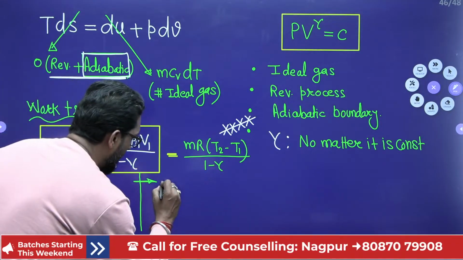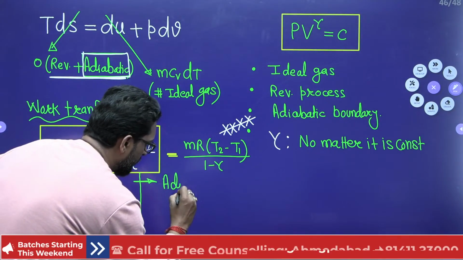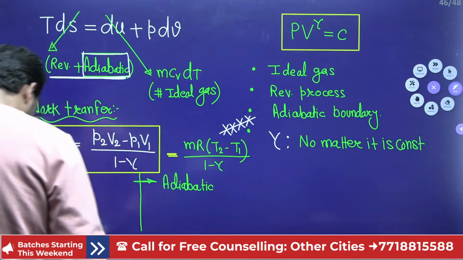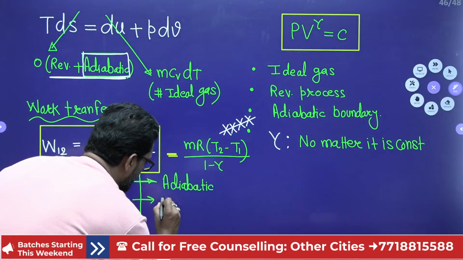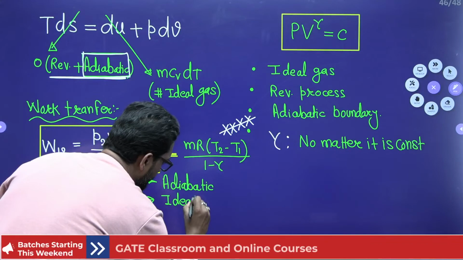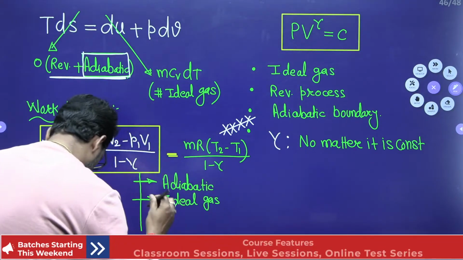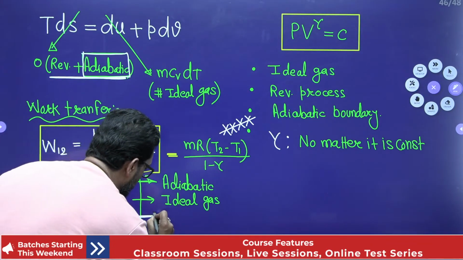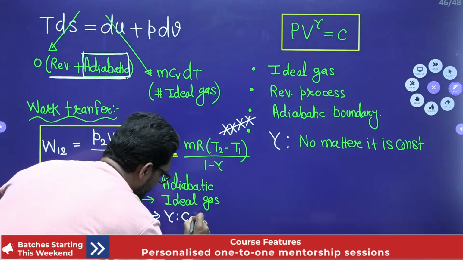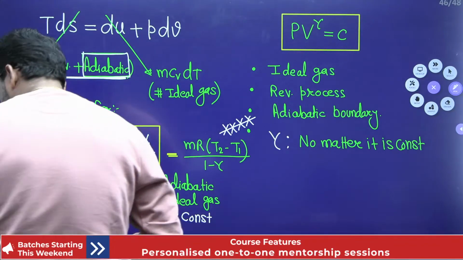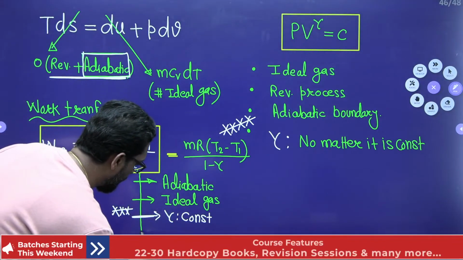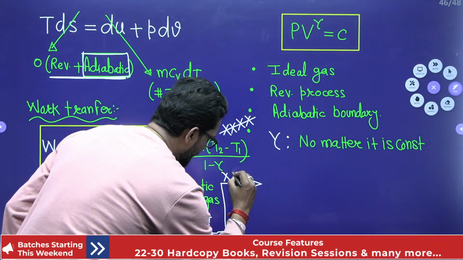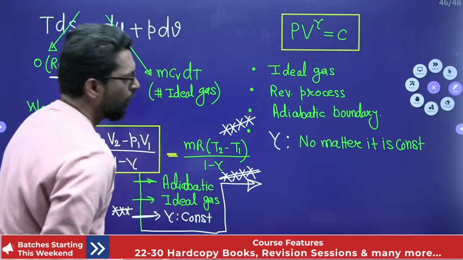This is for adiabatic. Number first. Number second, ideal gas. Number third, very important, gamma constant. And the last assumption, which many students get confused about.